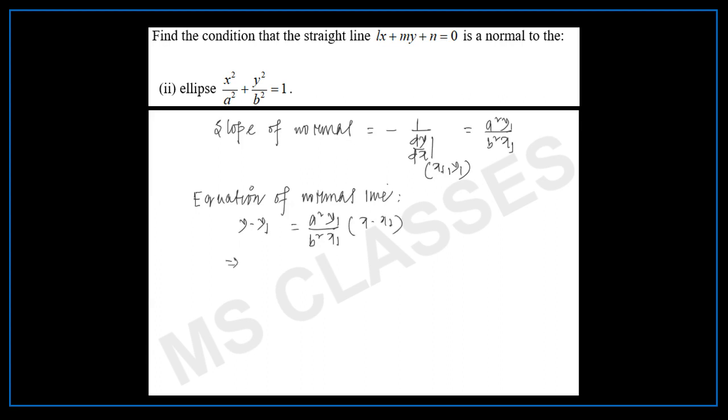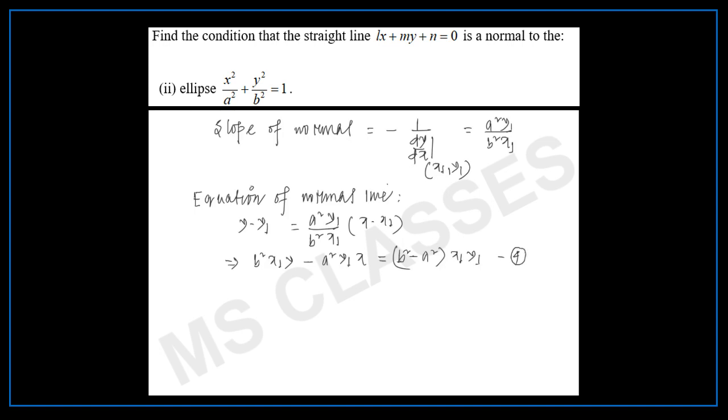Now this simplification will give us b square x1 y, a square y1 x equal to b square minus a square into x1 y1. Now this we mark as equation 4.